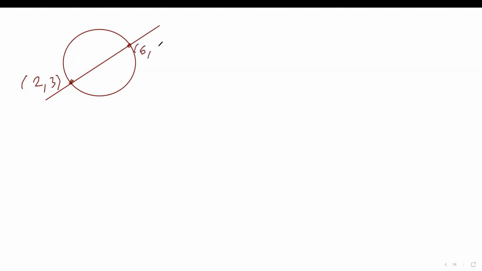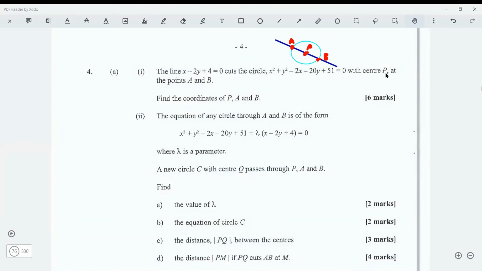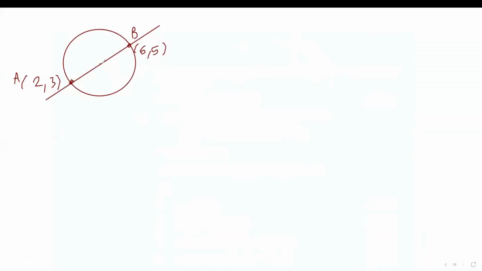And now we want to find P, Marika. This is A, and this is B. P is the center of the circle. Remember, that's what they told us: P is the center. If P is at the center of the circle, it has to be the midpoint of these two.